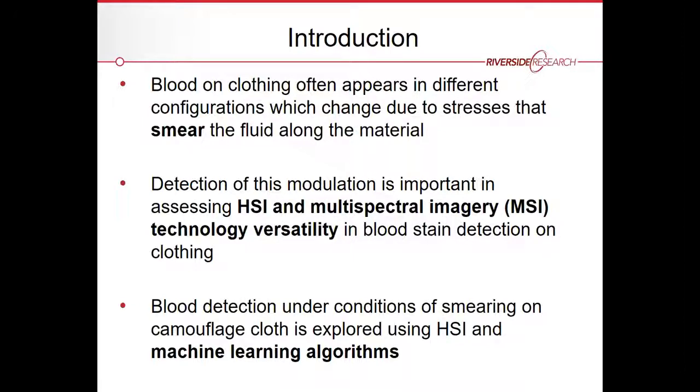Again, we're trying to address the problem of how HSI and multispectral technology, which is basically a crude form of HSI, can be applied to bloodstain detection on clothing. Blood detection under conditions of smearing on camouflage clothing is explored using HSI machine learning algorithms.